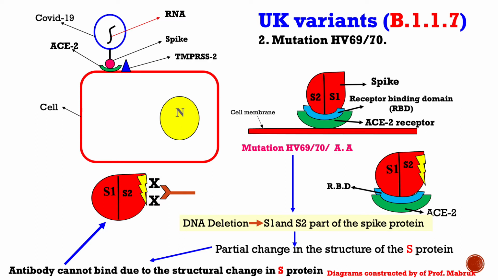However, because of this mutation, which is mutation HV69/70, the efficacy of the, for example, Pfizer vaccine will go down from 90%, for example, to 60%. So this mutation allowed the virus to evade the immune response.